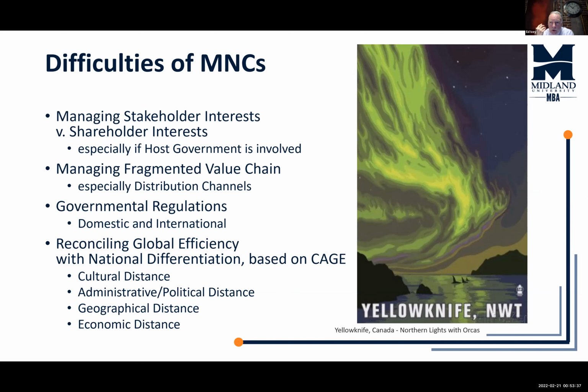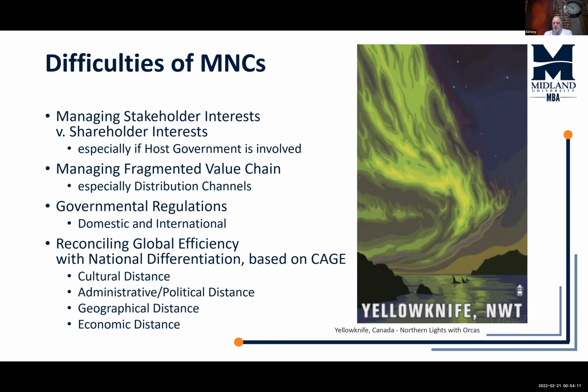Being able to manage the government. So our government and international other governments, thinking of what are the regulations, what are the rules, what are the tax implications, being able to navigate that takes a certain skill, as well as looking at efficiencies based, they call it CAGE. And so CAGE meaning the differences. What are those differences?